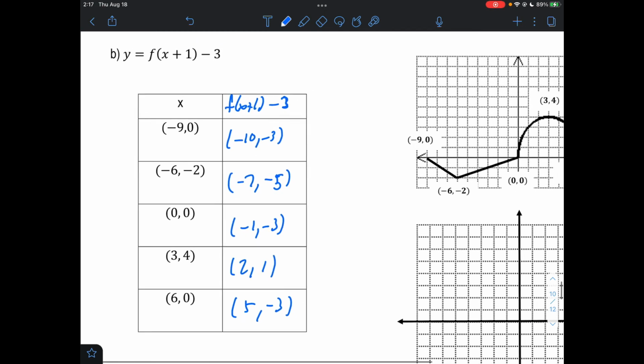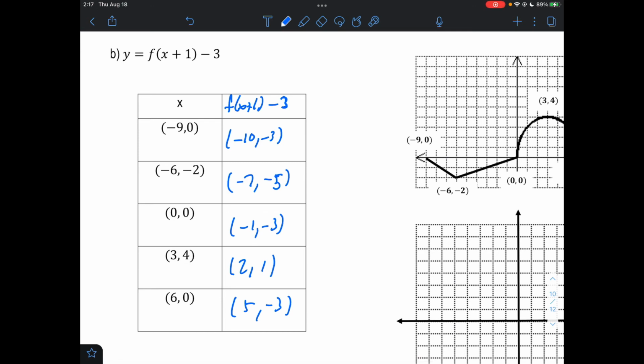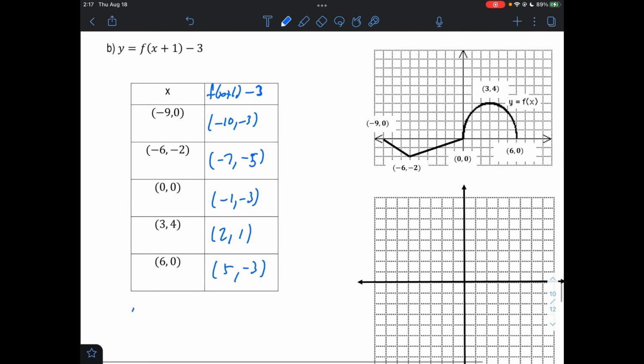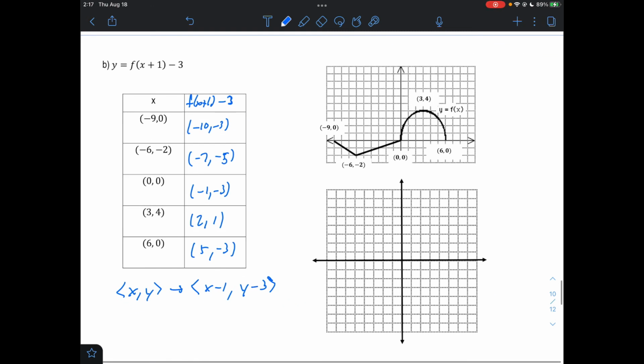All right, something we forgot to do for the last one is to write the rule here. The rule is essentially, if we were to use those vectors, right, x comma y would go to x minus 1, y minus 3. All right, plot our points here. So -10, -3 would be here. -7, -5, -1, -3, 2, 1, and 5, -3. And our graph should look something like this.